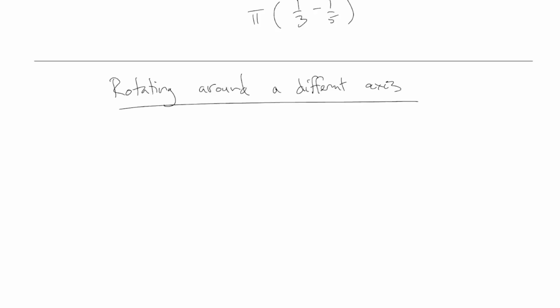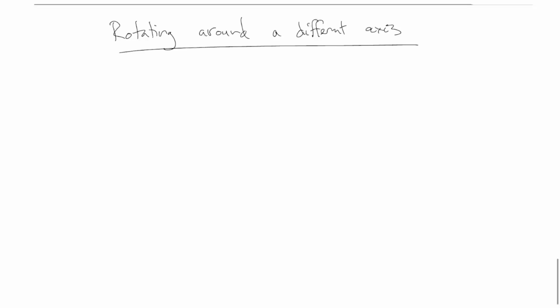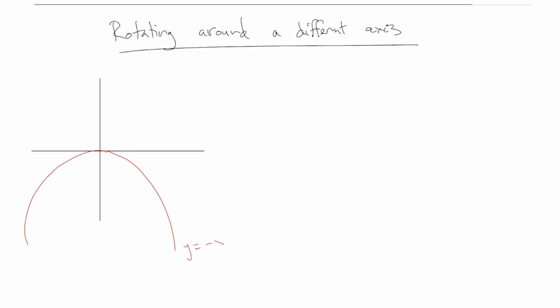All right, here's what I mean. I'm going to have an example like, let's take this parabola, but going down. So this is y equals negative x squared, just to mix it up a little. I use x squared too often.